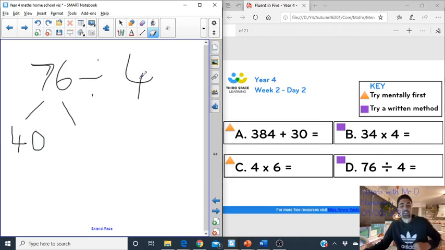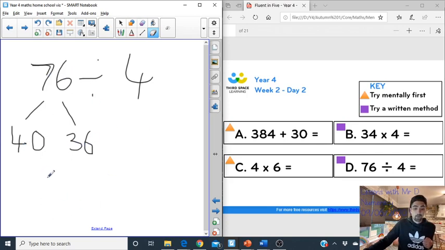That's the biggest 10 that goes into 4. Goes into 4 10 times. And then what would be left? 40, 50, 60, 70. Need 3 10s and the 6 1s left over. 40 and 36 is going to be 76.